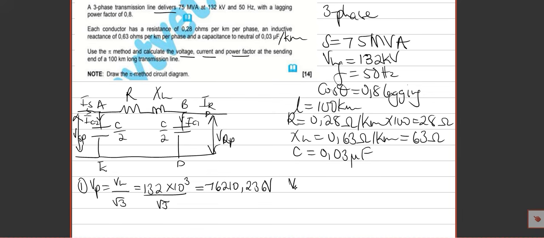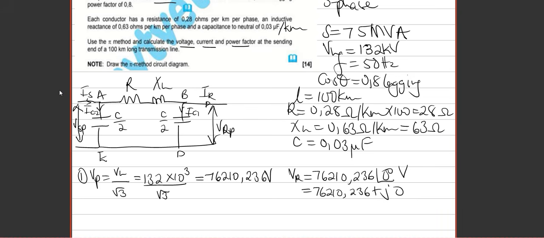You represent your VR as 76210,236 at the angle of 0 volts. You can convert it to rectangular form. It's the same value, 236 plus J0. From here, we can then calculate our second step, current.